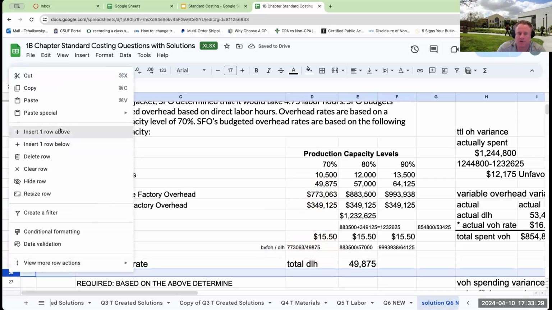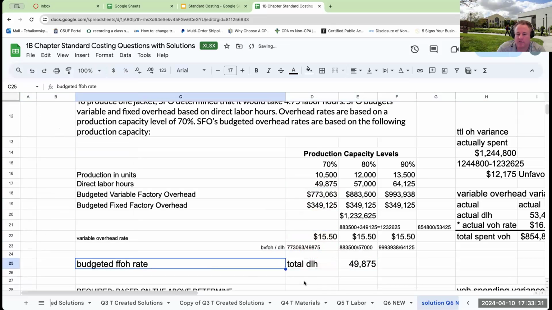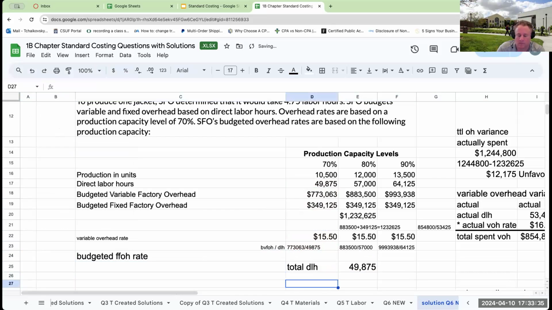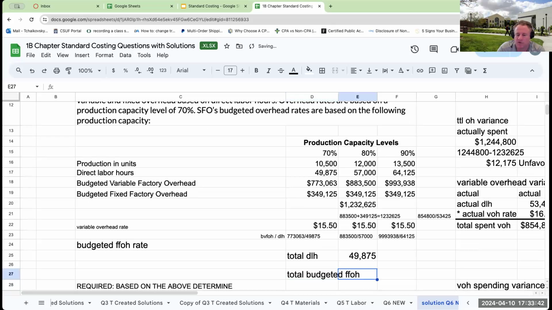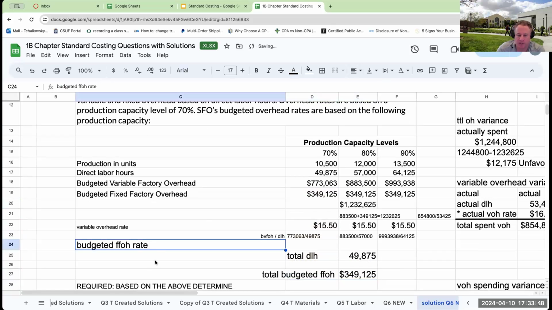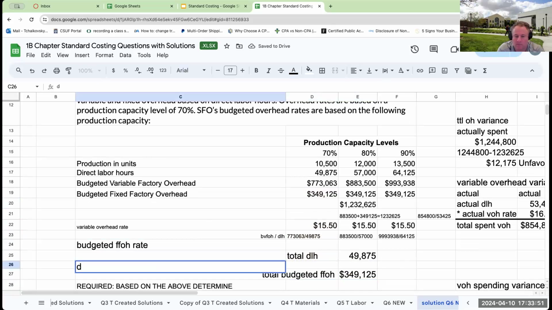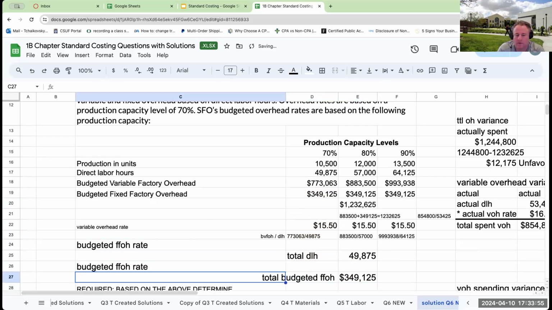And what I'm trying to figure out is, well, if my total budgeted fixed factory overhead was 349,125, then my budgeted fixed factory overhead rate must be what?